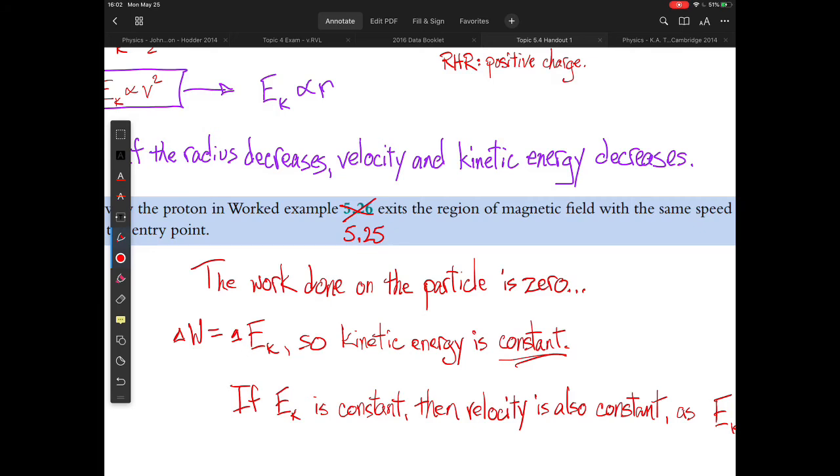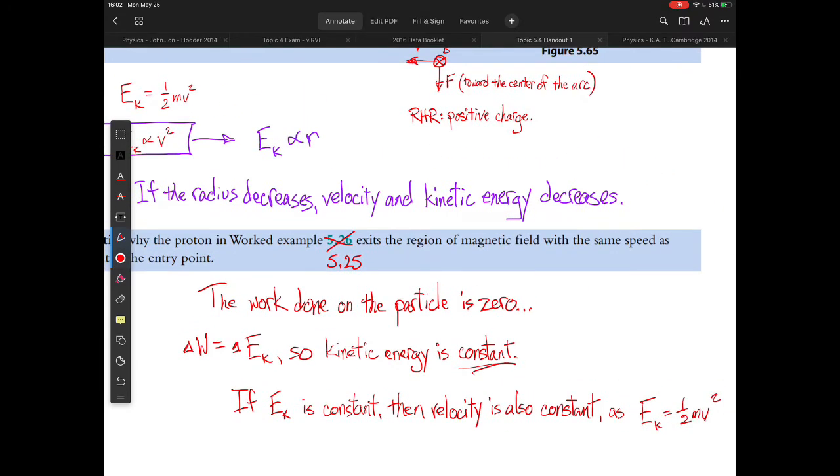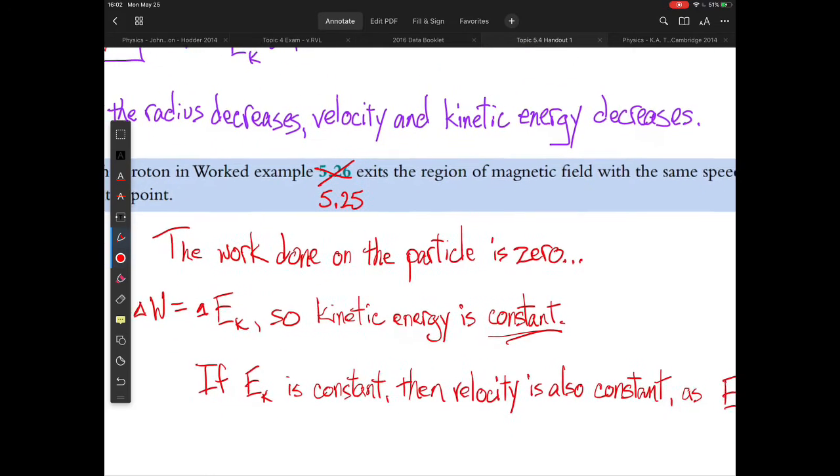As we know, the work done on a particle in a magnetic field is 0 because it's taking a circular path. So this is just one of those weird things you kind of have to get used to. We will look at it more next semester when we come back for topic 6.